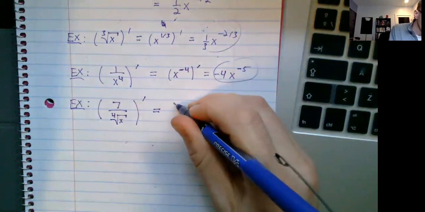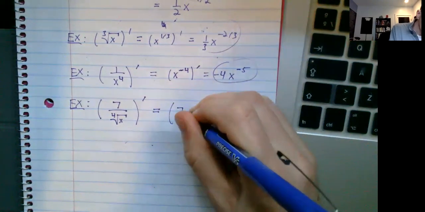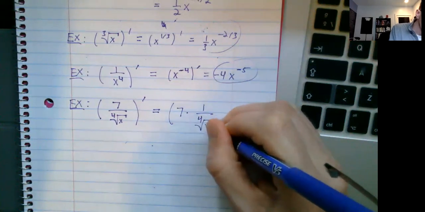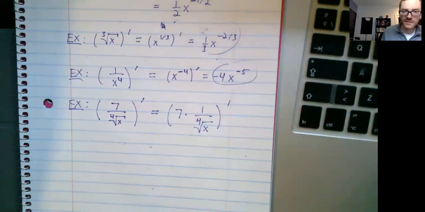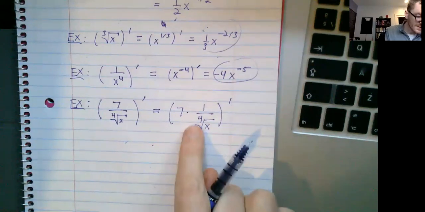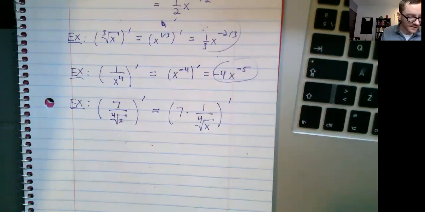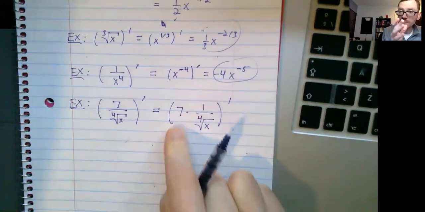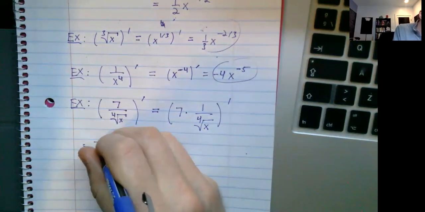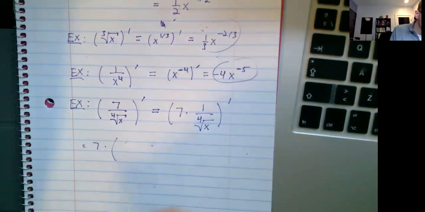So this is the same thing as 7 times 1 over the 4th root of x, okay? Just take a moment and convince yourself that that's true. 7 times this fraction, the 7 just multiplies the numerator, right? So this is just rewriting this function here. And then the constant multiple rule says, hey, 7 is a constant multiple, you can just ignore it.